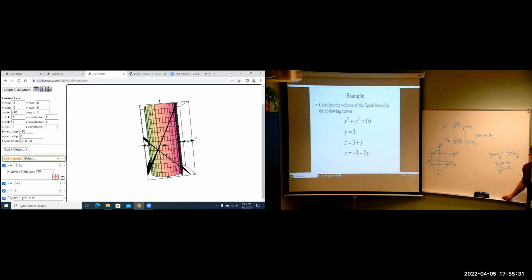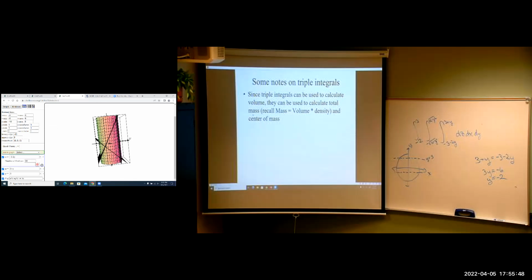Questions about this one? Okay. Just a couple notes before we try some problems. Like I said, basically what you're doing is you're integrating over the volume of a solid region.